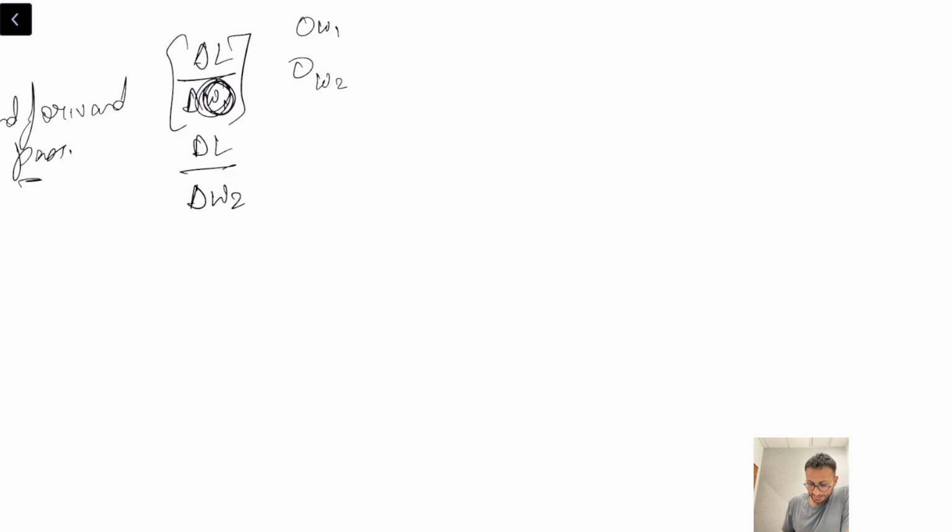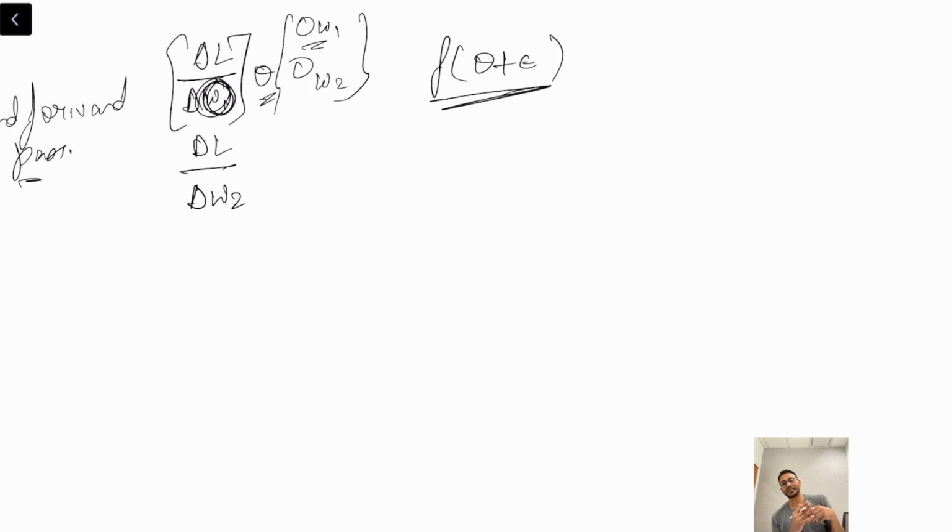So I'll be basically calculating f of all the w's. Let's call this set theta, which is the parameters. So I'll be saying theta plus epsilon, and then this is my first forward pass. So you basically calculate the loss value by passing theta plus epsilon, and then you calculate the loss value by changing the parameters on the other side, so theta minus epsilon.